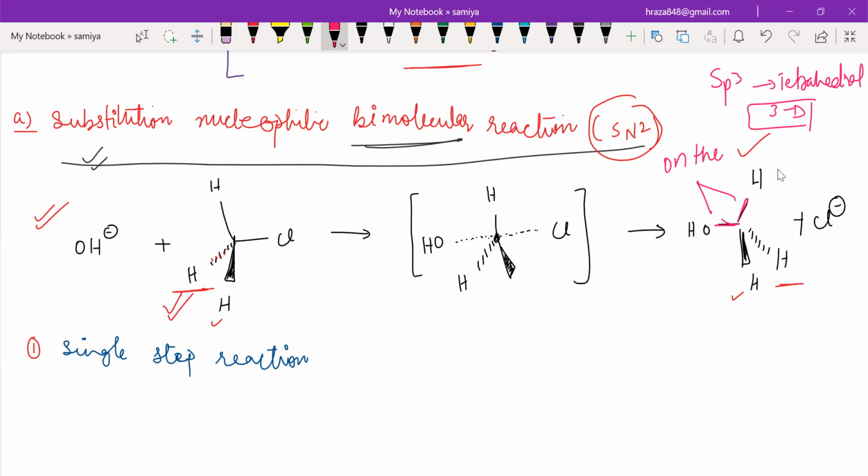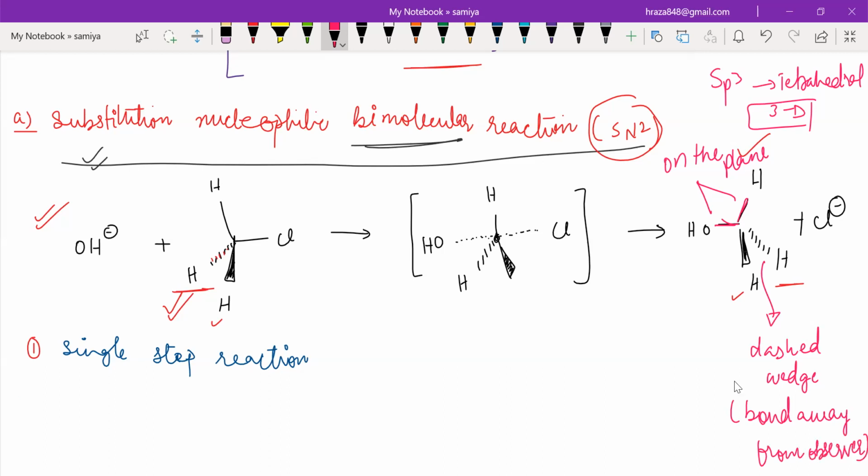When we talk about this, it is a dash wedge, and it is a bond away from the observer, that means it is inside the plane.